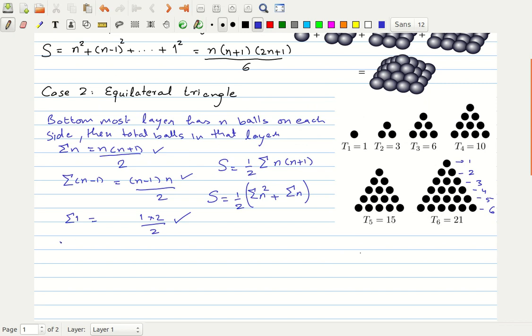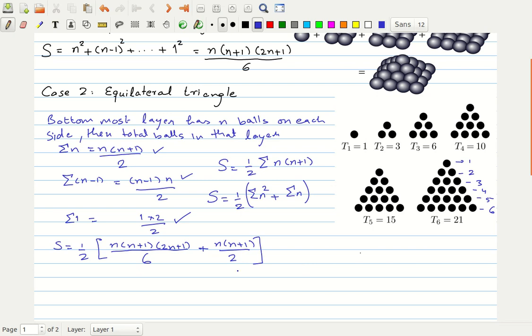so we can write S is equal to half times sigma of n square, which is given by n times n plus 1 times 2n plus 1 divided by 6, and sigma of n is given by n times n plus 1, divided by 2.